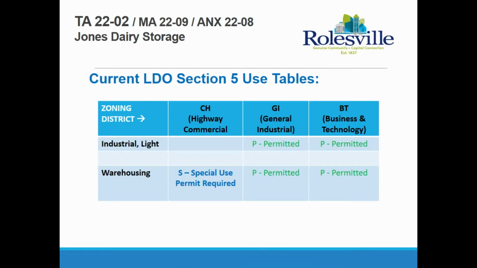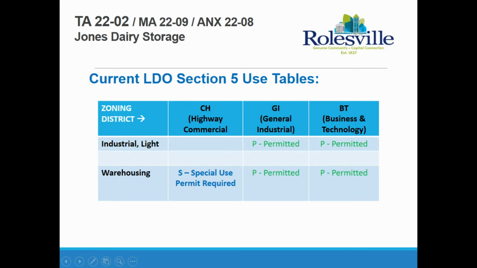So the LDO Section 5 use table, again, going through those two zoning uses, industrial light and warehousing, this is where those two uses are permitted. So there are some similarities or consistencies. The GI, General Commercial District, and then the BT, Business and Technical or Technology District. Both of these uses are permitted there by right. The warehousing use then in CH, Highway Commercial, would require a special use permit.